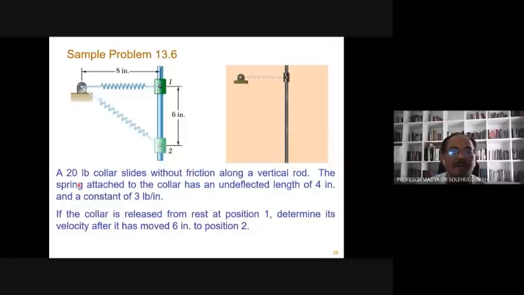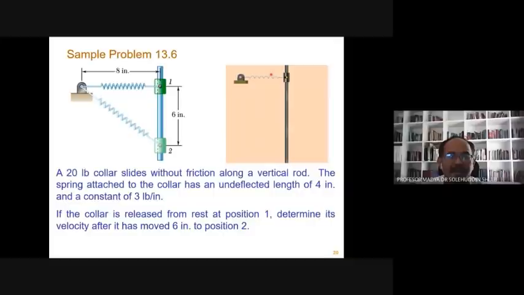A 20 pound collar slides without friction along a vertical rod. You can see the figure on the right here. We have the spring, and this is the original location of it. The length of the spring before it is stretched is 4. After you stretch it, the length is 8 inches.